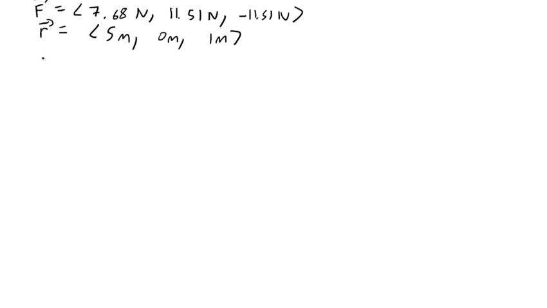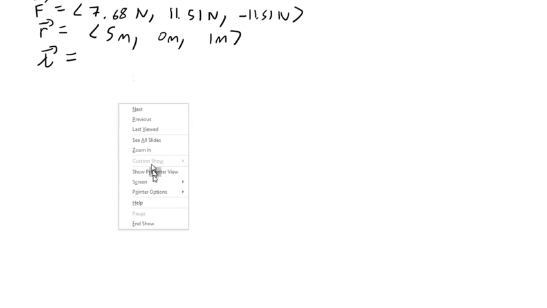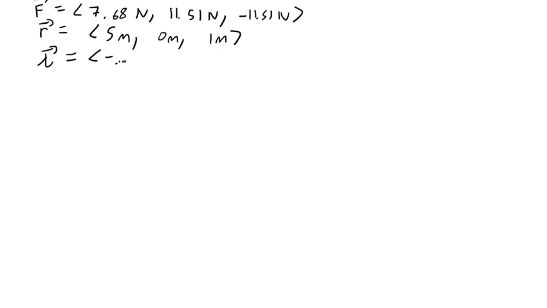And then the lambda is going to be equal to negative 0.816, comma 0.408, comma negative 0.408.